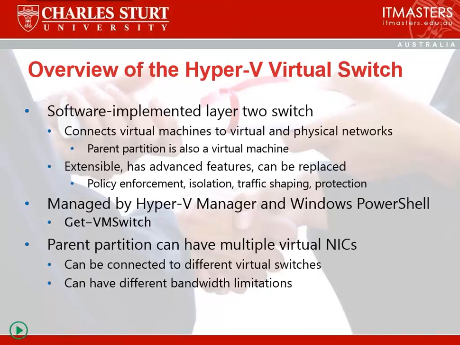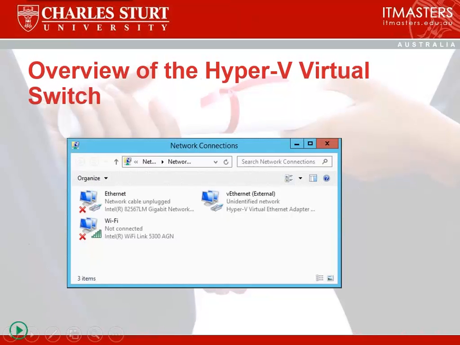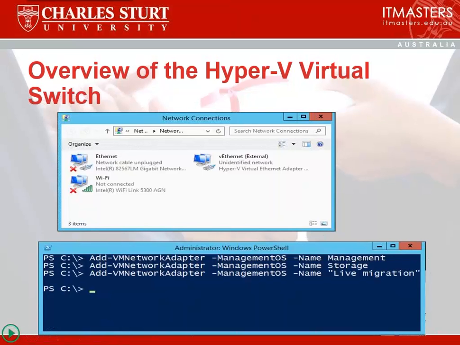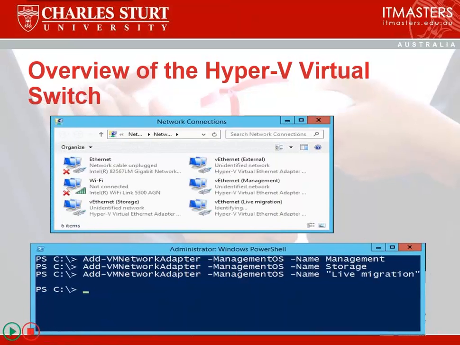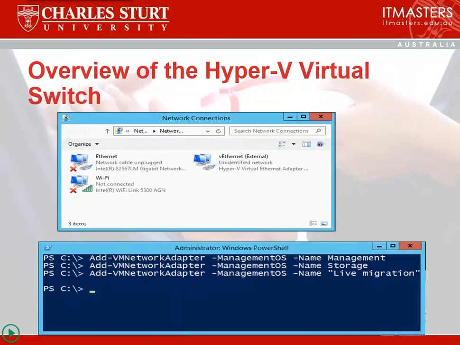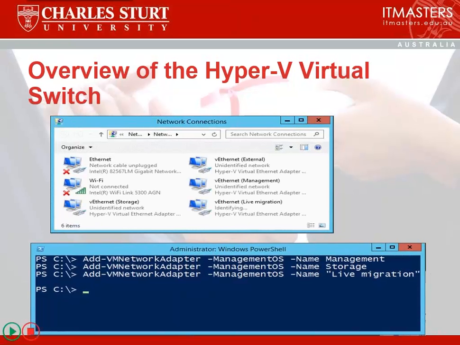The more NICs you have, the more options you can have. You can also use Hyper-V, and the more NICs you have, the more switches you're gonna see here in your environment. Here's an example. If you create a new NIC, as you can see, it will add new ones.